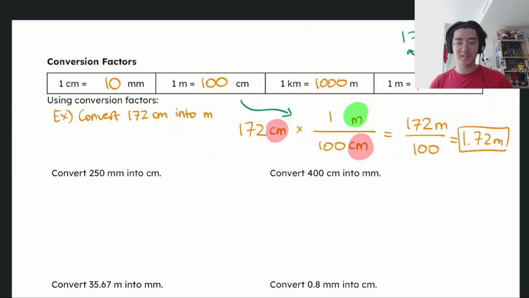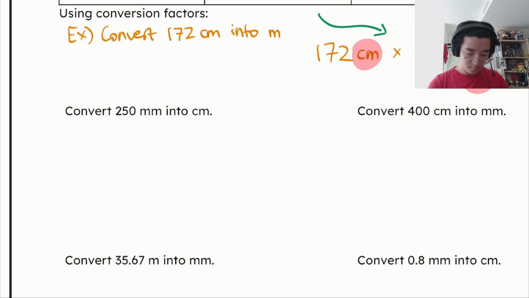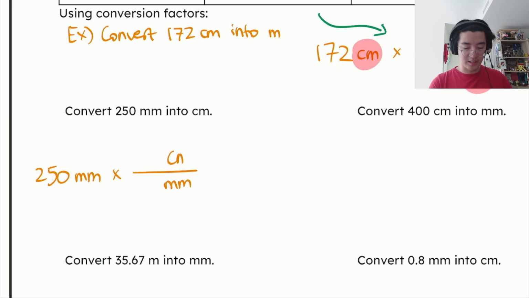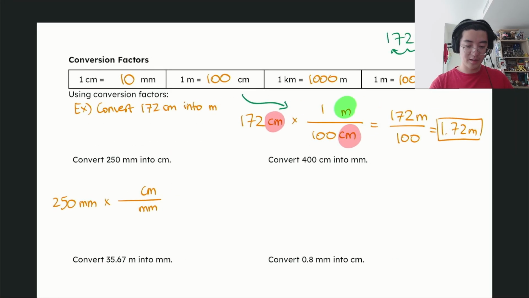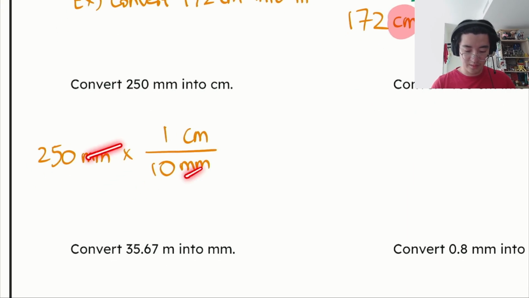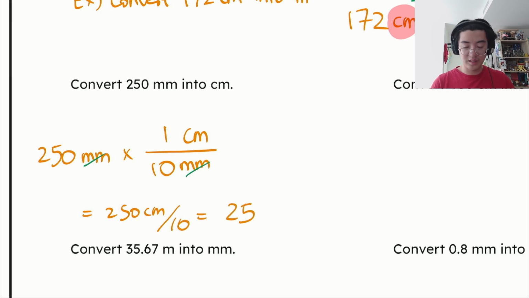Alright, let's convert a bunch. 250 millimeters into centimeters. So, convert from millimeters to centimeters. We know 1 centimeter is 10 millimeters. So, 1 centimeter, 10 millimeters. Those two will cancel out. 250 divided by 10 is just 25 centimeters.